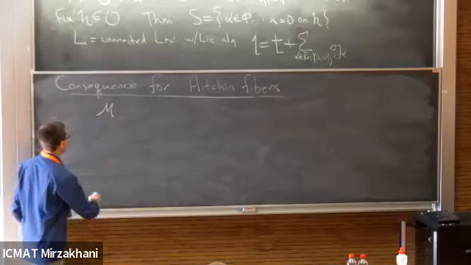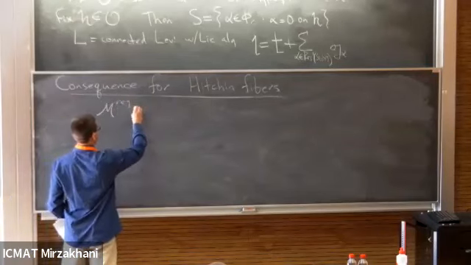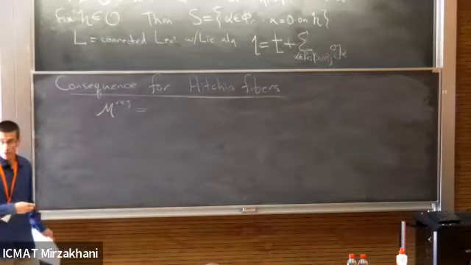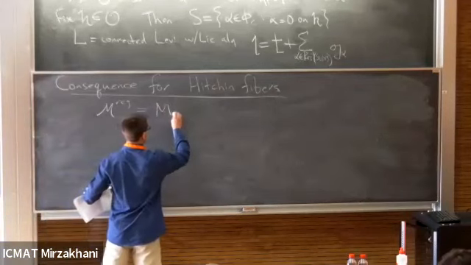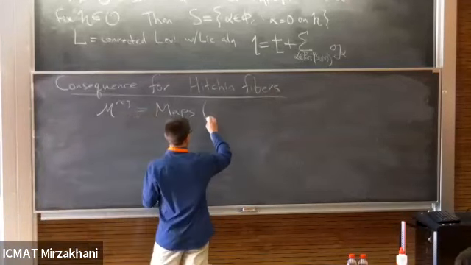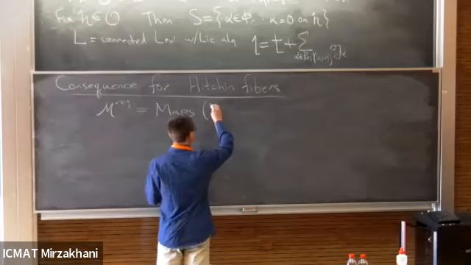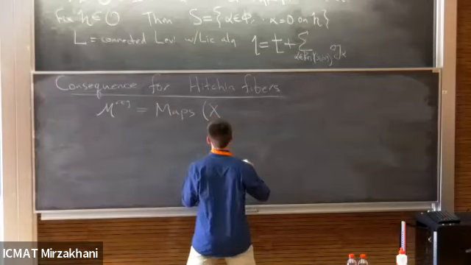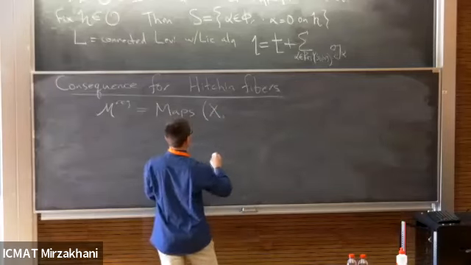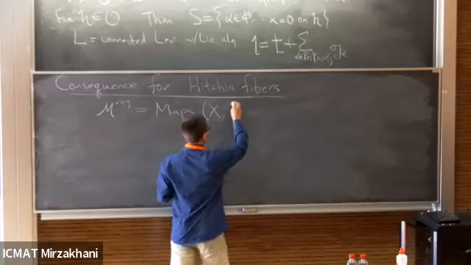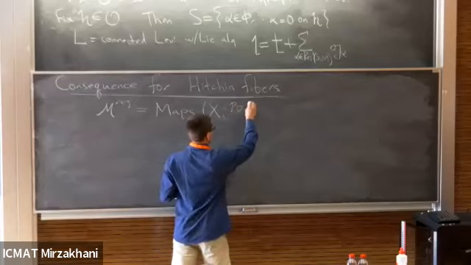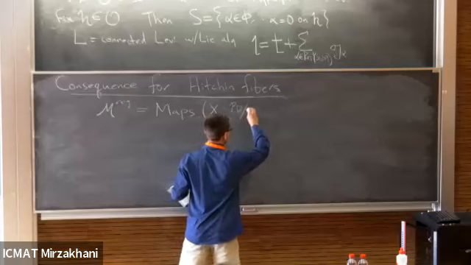So I'm going to denote M^reg to be the maps from a curve X to P, the quotient. Let me write down what the curve X is. I'll explain this notation in a second.